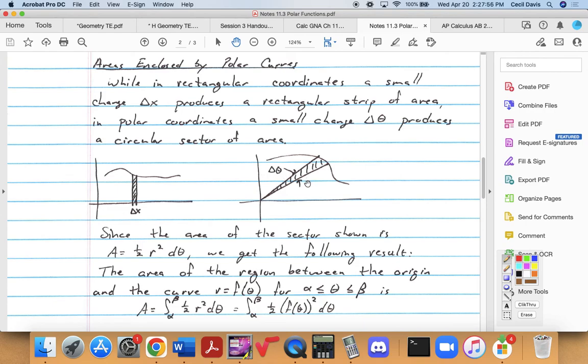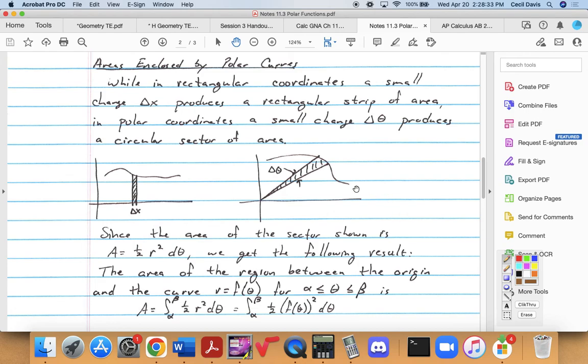When you're using polar coordinates, nothing is done this way, because everything is about how many degrees it is from the positive x-axis and how far out from the origin it is. It's the radius, r, and theta, which is the number of degrees. So what happens instead is this is approximately a sector that we talked about a moment ago, where it was 1/2 r squared theta.